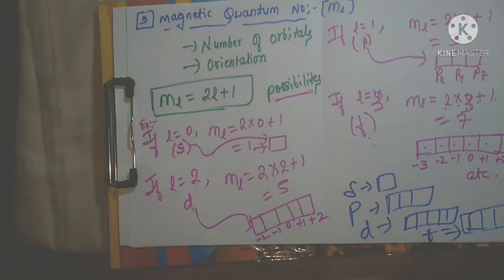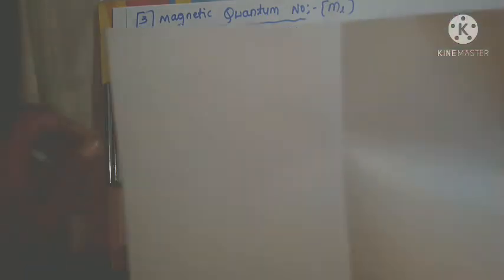Next, we will go for the spin quantum number. Last one. After that, we will solve 2 to 3 examples. Last, spin quantum number.